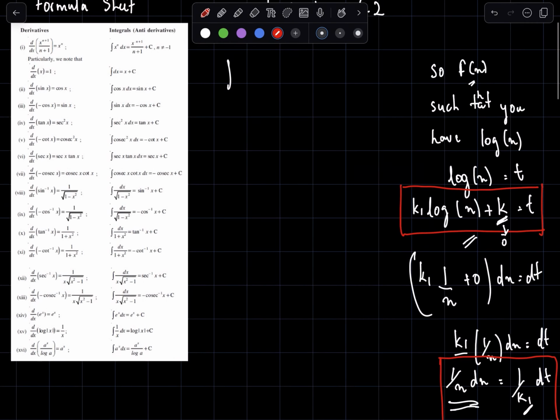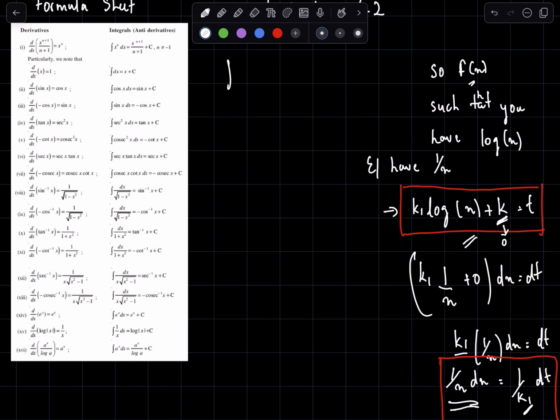if you have a function f of x such that you have log x, and 1 over x, then apply this.